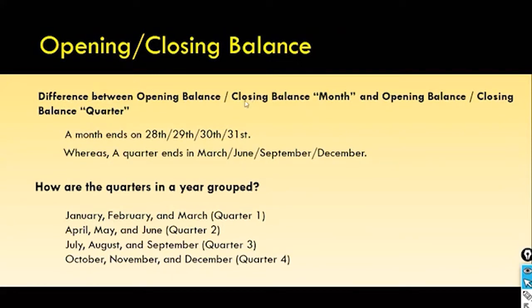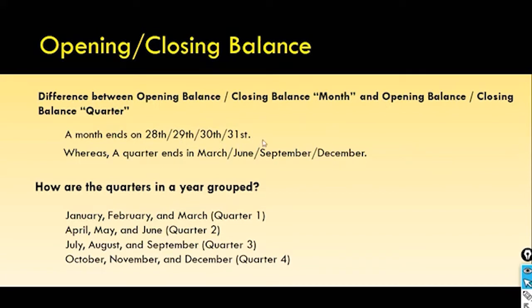The difference between opening balance and closing balance month, and opening balance and closing balance quarter. A month ends on the 28th in February, or the 29th in a leap year, and there are months that end with the 30th and 31st. This is a very basic thing.